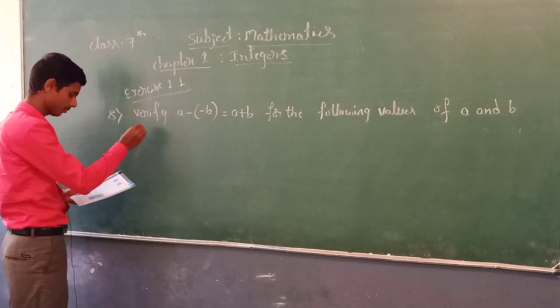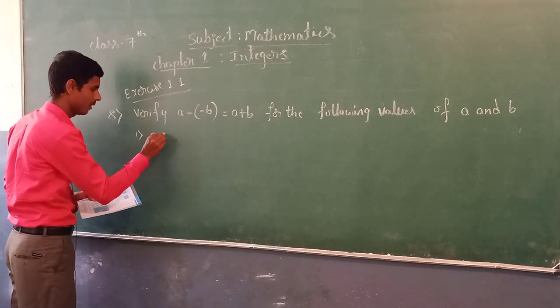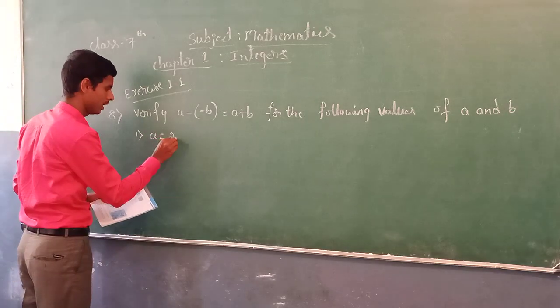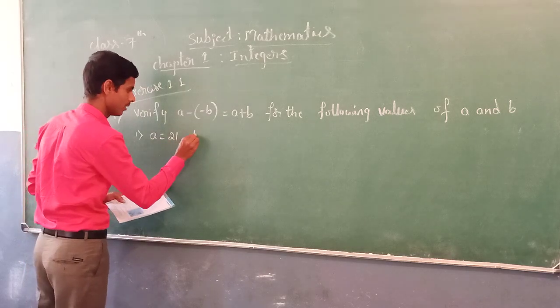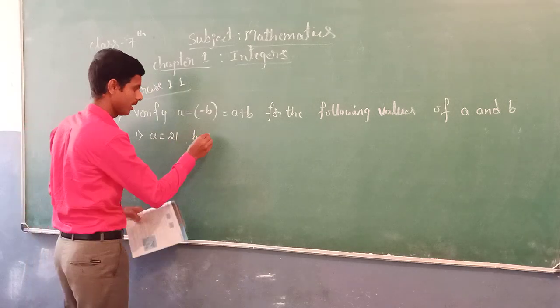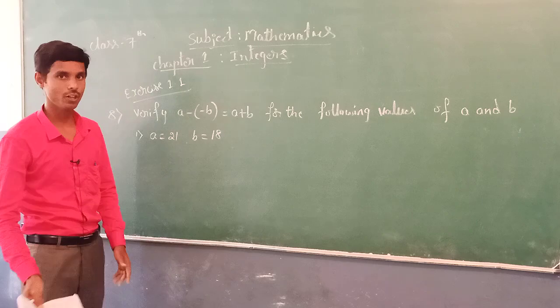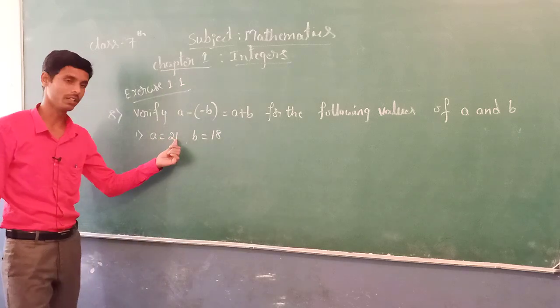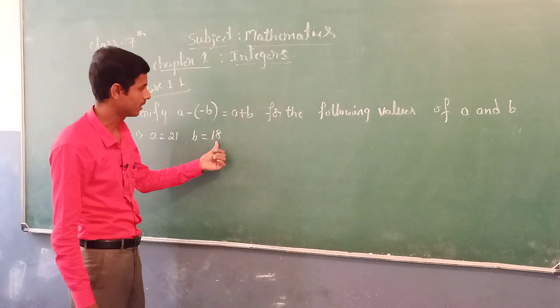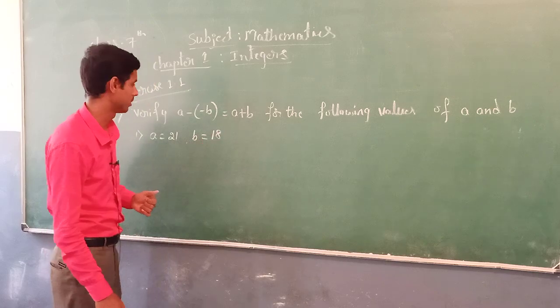First one, A equals 21, B equals 18. The value of A is 21, B is 18. We have to verify this statement.